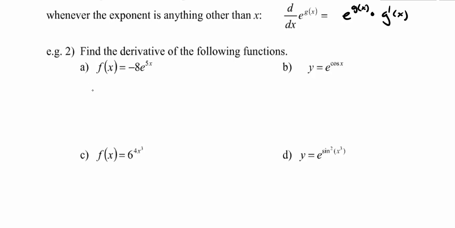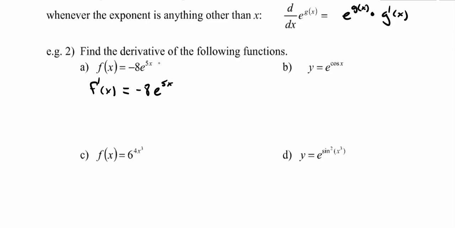So let's take the derivative of f of x in this first one. So f prime of x is equal to, well, that negative 8, you can actually just pull that out for a second. The negative 8 just hangs out front. And then the derivative of e to the power of 5x is really nice. It's just e to the power of 5x.